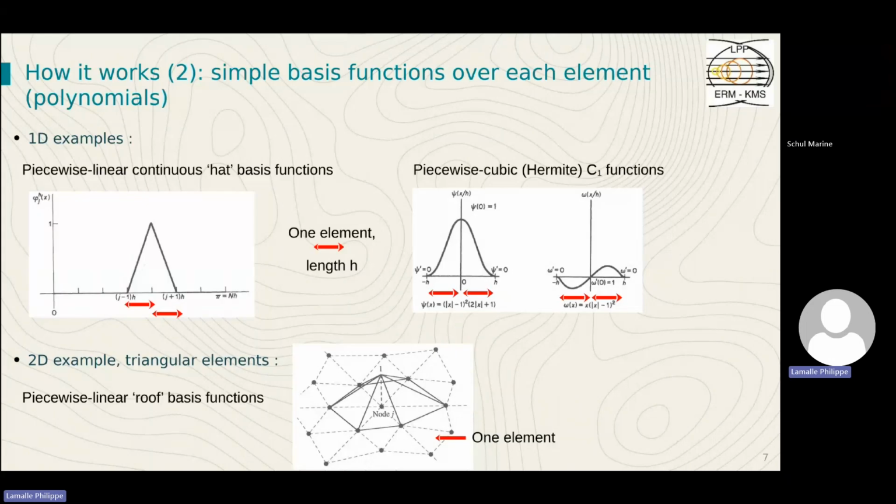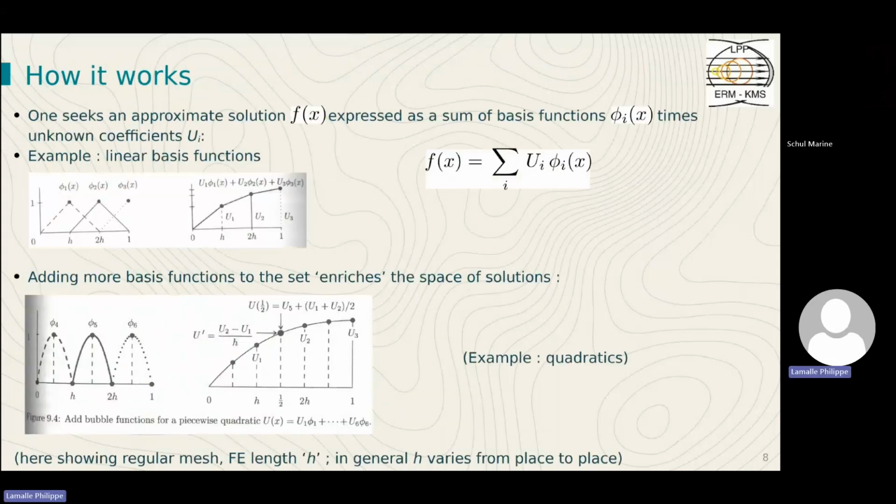There are very large numbers of finite elements, and actually people even store them in kind of online encyclopedias. So once we have the elements and the basis functions, one seeks an approximate solution to the problem as a sum of basis functions, which I note here phi I, times unknown coefficients. And so these are the things that we need to determine with a computer.